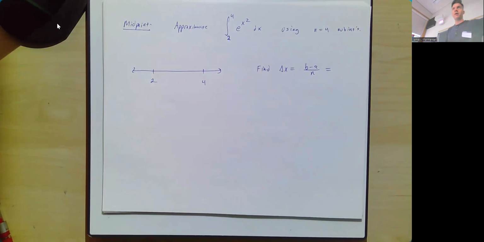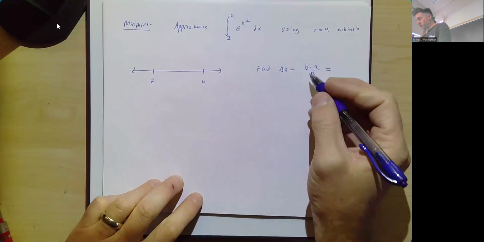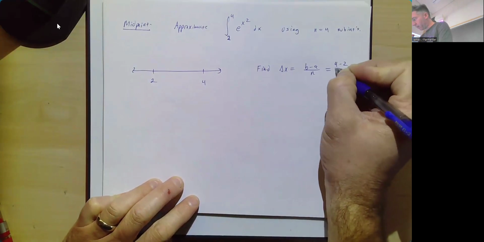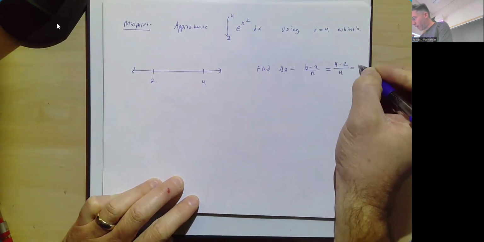Give you 20 seconds. Right, delta x is going to be 4 minus 2 divided by 4, which is 2/4, which is 1/2.